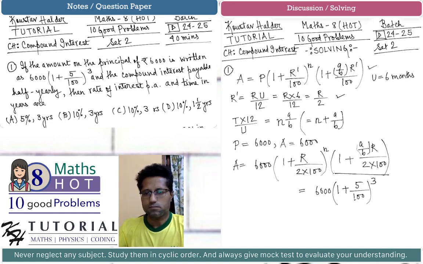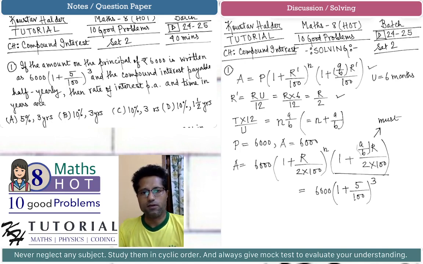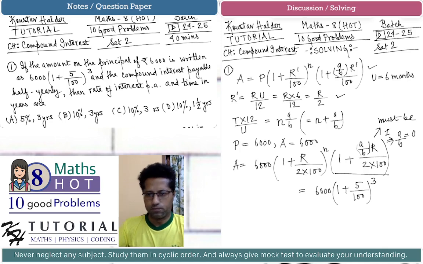So this implies that the fraction a by b is equal to 0.